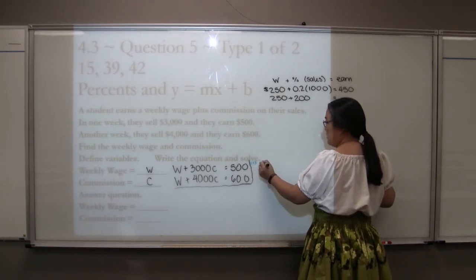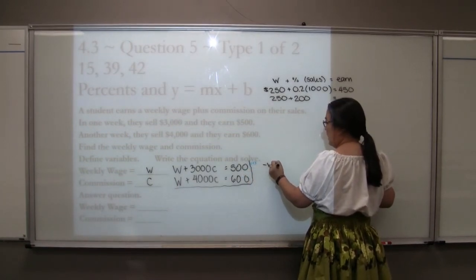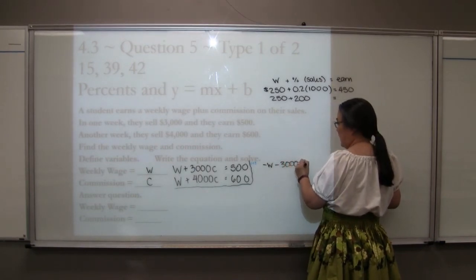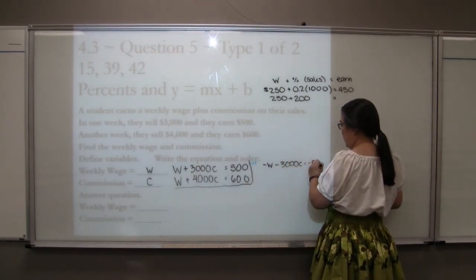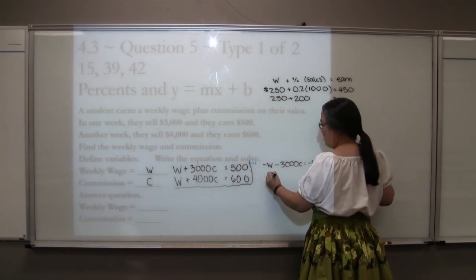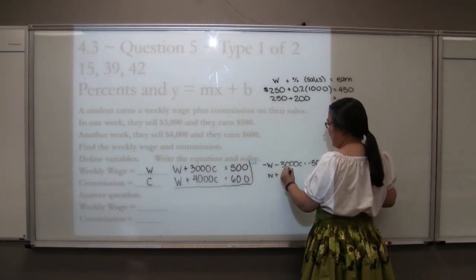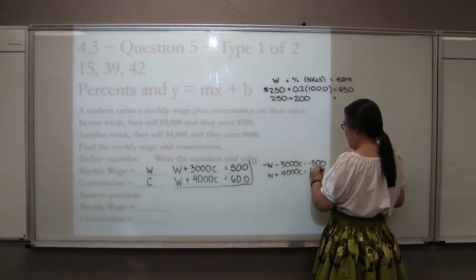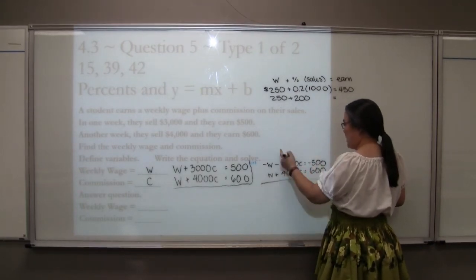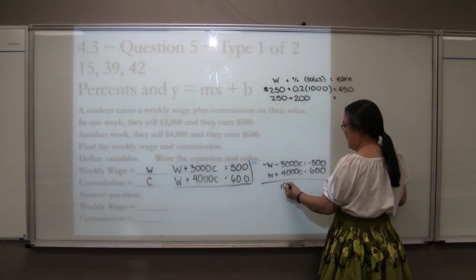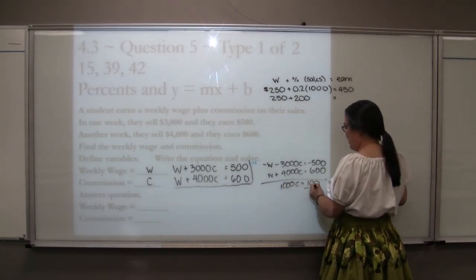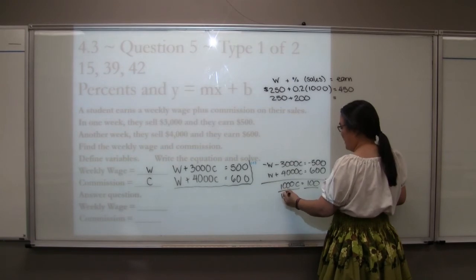That's to remind me, so I'm going to have a negative W, a negative 3,000 C, and a negative 500, and positive W, positive 4,000 C equals 600. Putting them together, those cancel, 1,000 C equals 100. We're dividing both sides by 1,000.